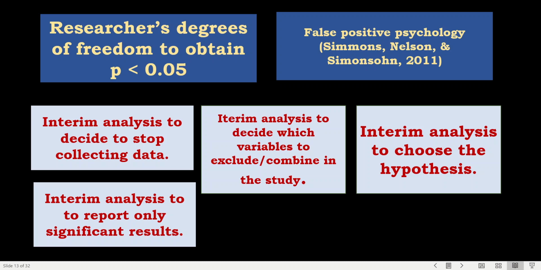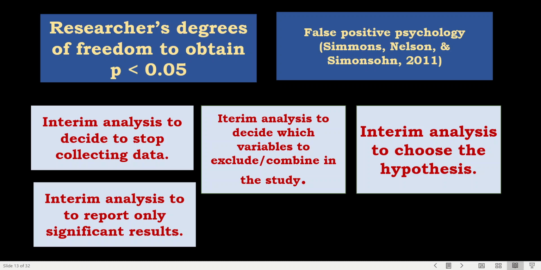You cannot use the same sampling distribution you would have used if your plan was to collect, let's say, 50 participants and stop there. So this is one of the ways that researchers exercise degrees of freedom when they shouldn't.